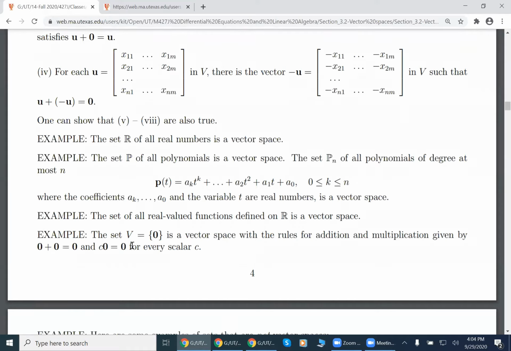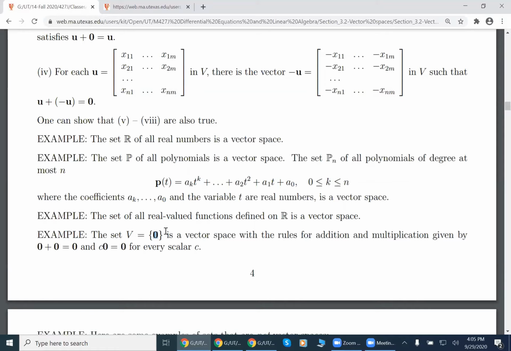Here, by boldface 0, we mean an abstract object that satisfies this and this. So when it becomes 1, it's not abstract anymore. If instead of boldface 0, we have any non-zero real number, this is not a vector space anymore. One of the reasons is that in this set, there is no 0.